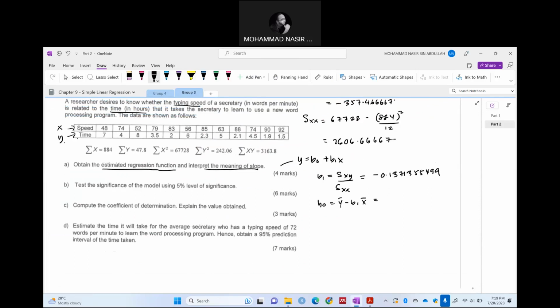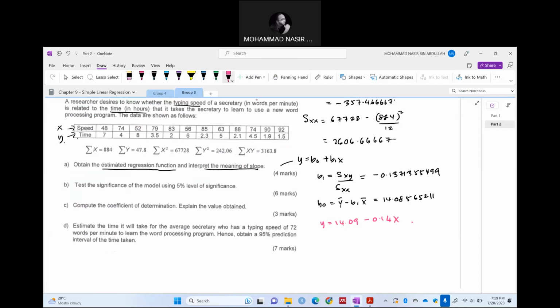I should get 14.08565211. Regression equation should be equal to 14.09 plus negative 0.1371 x.